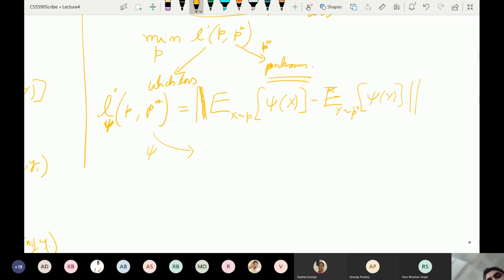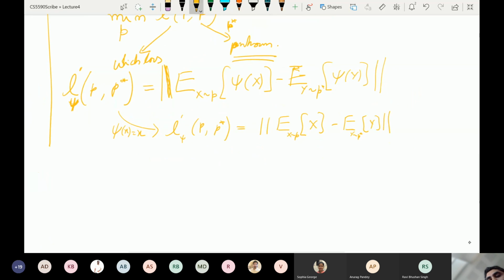Let me explain some examples of this. Suppose I take this psi function as the identity function. Psi of x is equal to x. In that case, what does this loss function turn out to be? It turns out to be the loss between p and p star is simply the norm of expectation of x under the distribution p, minus expectation of y under the distribution p star.